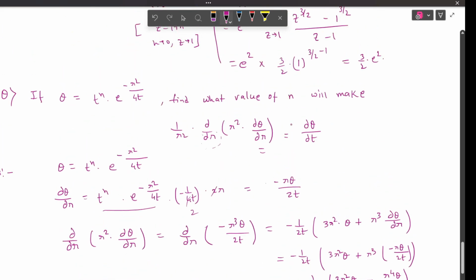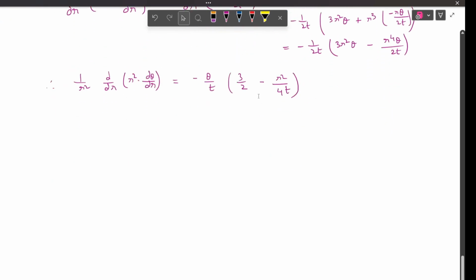Now on the right hand side we have del theta upon del t. So let us differentiate the function with respect to t.